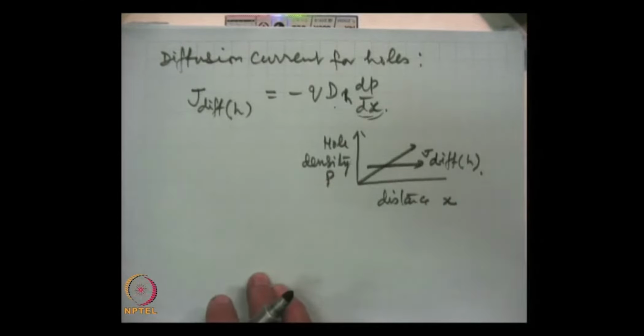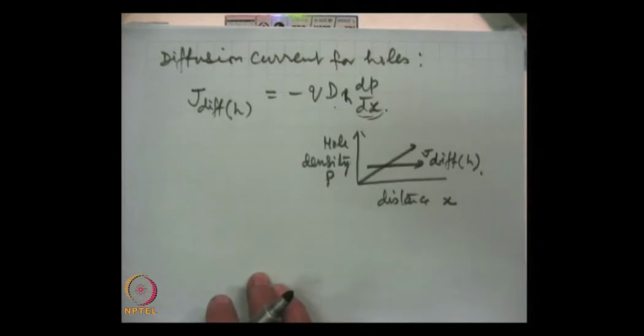Now, with this kind of revision, we are in a position to go for p-n junction formation.